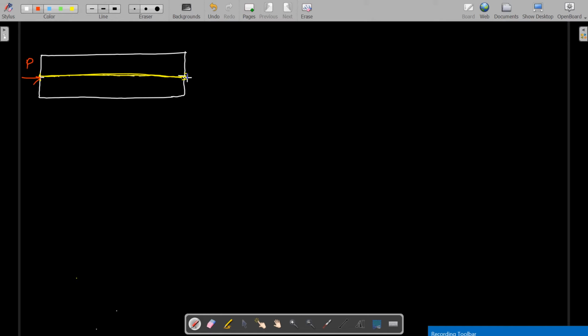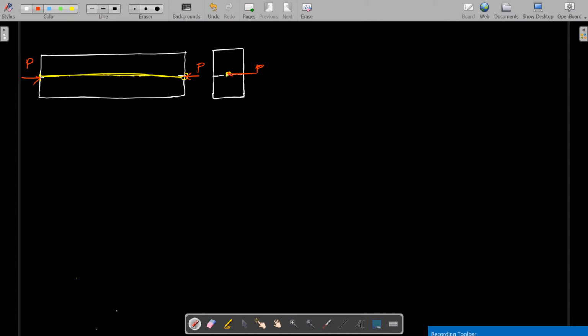The pre-stressing force, capital P, will be acting like this, which means the cross-section of this concrete is like this. The tendons are exactly at the midsection, and the pre-stressing force P acts over here.